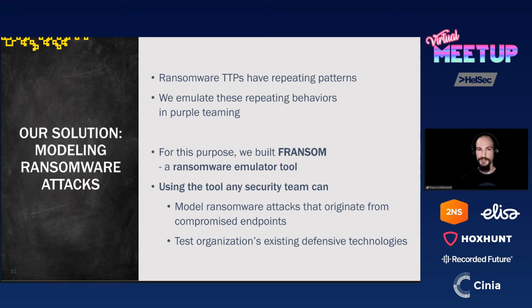Fransom is a tool intended to be run from a compromise standpoint, so we are talking about the assumed breach scenario here. The aim is to measure and assess the effectiveness of existing defensive technologies inside an organization.